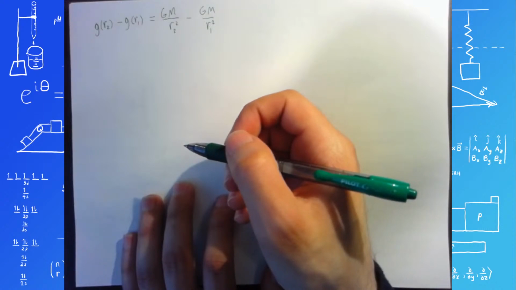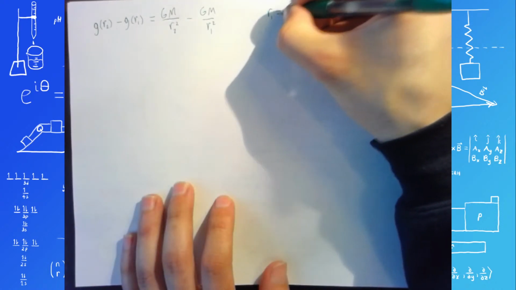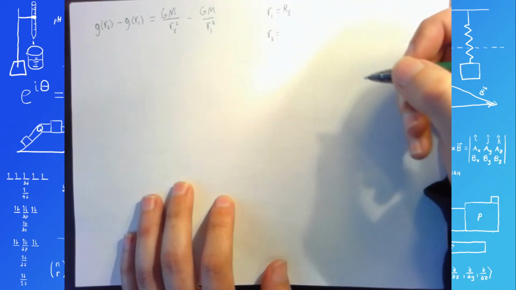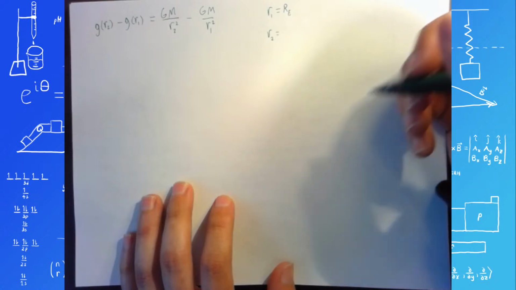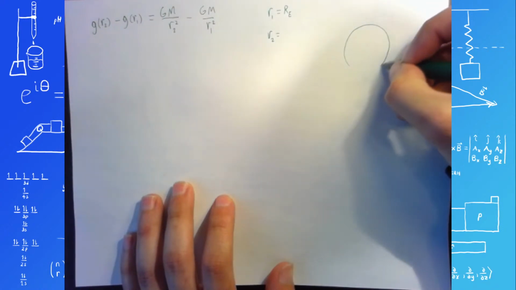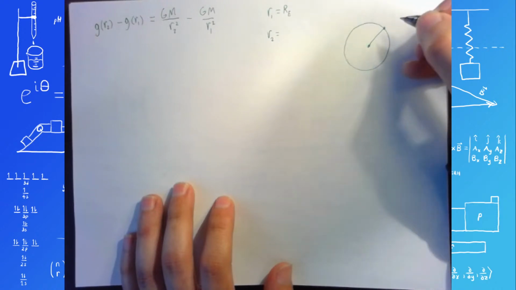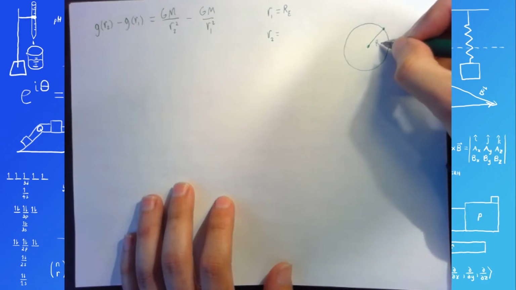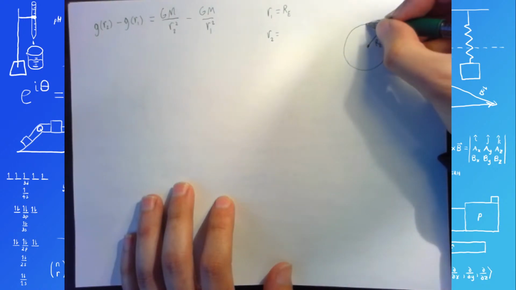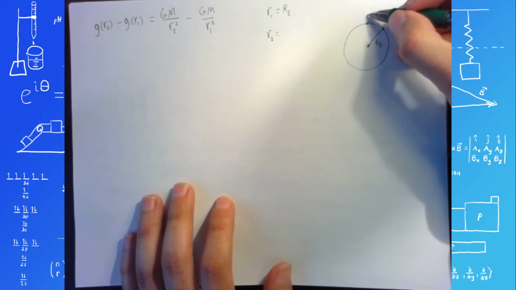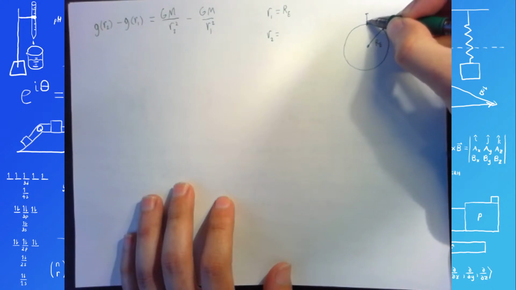R1 is going to be the radius of the Earth, and then R2 is going to be at some height h above the surface of the Earth. So in other words, if this is the Earth, and here's an object on the surface of the Earth at a distance r sub e from the center of the Earth, and I climb up into the atmosphere to an altitude of h.